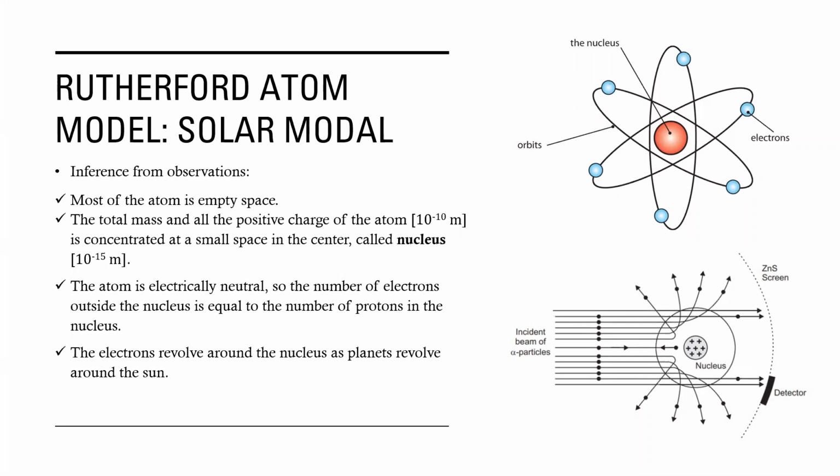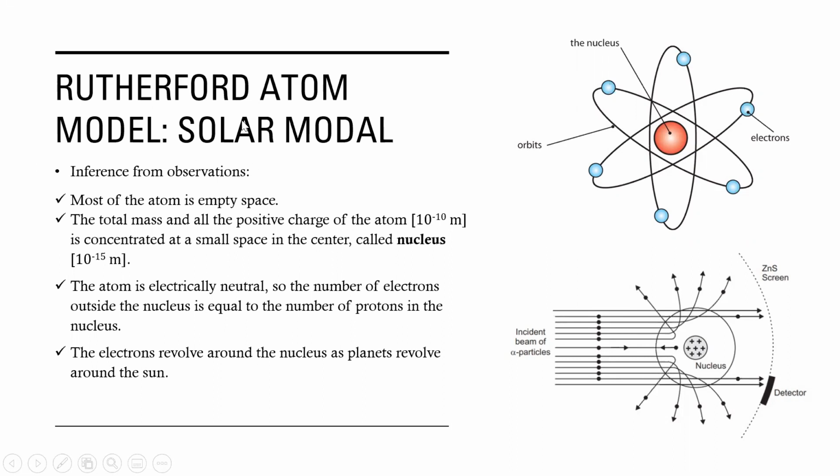So inside the nucleus of that gold, there should be 76 protons. So they can all repel the alpha particles, right? So some of the alpha particles got deviated from their path, and some of them which hit the nucleus directly must have been repelled, backscattered, or scattered through an angle bigger than 90 degrees.